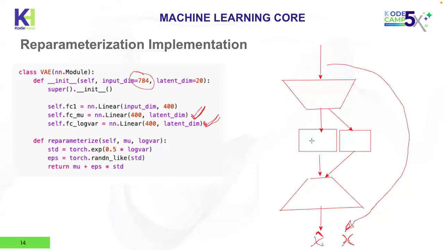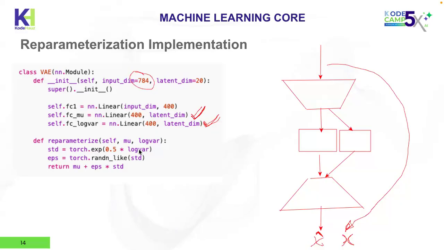But this one is the deterministic aspect, which you can see here, which is basically the exponent value, right? Exponent to a particular logarithm value.